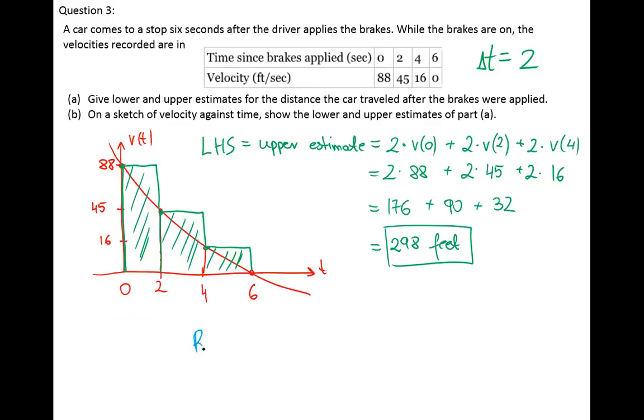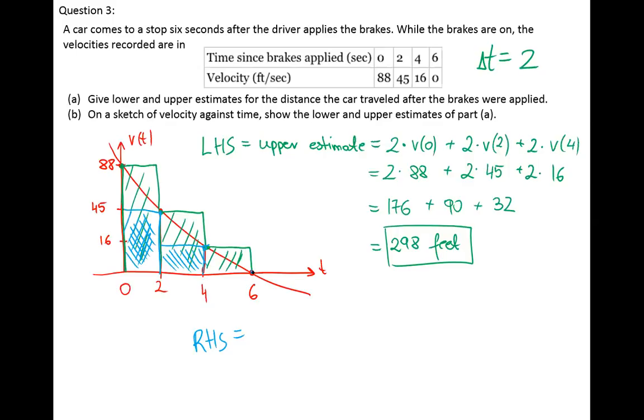Now let's try to use the right-hand side, which, of course, must be the lower, but let's see. 0 and 2: 2 is on the right-hand side, which means 2 will give me the height, the value for 2. 2 and 4: 4 is on the right-hand side, so 4 will give me the height.